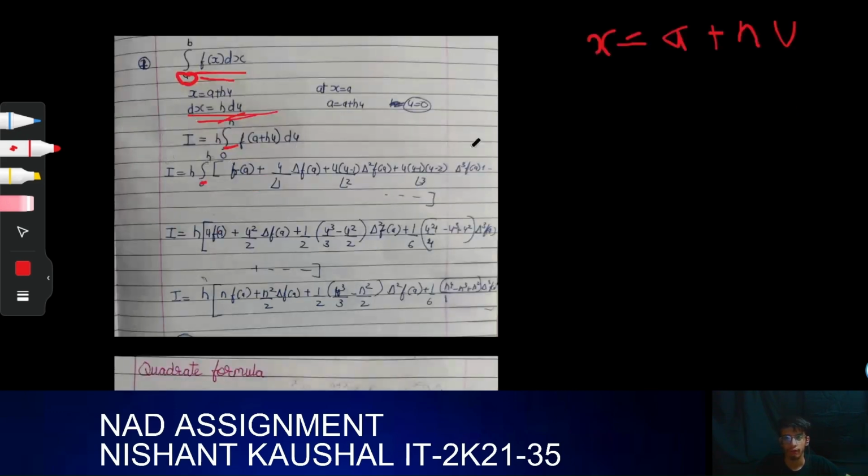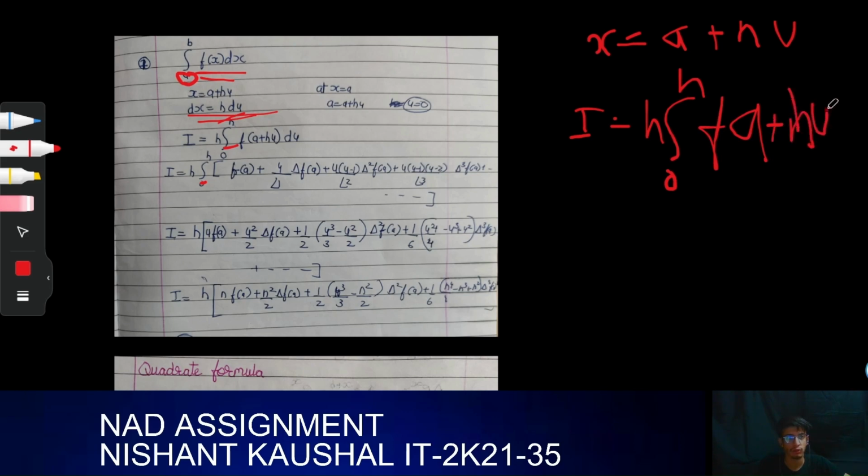So what would the integration become? I will become h integration 0 to h f of a plus hu du, right?